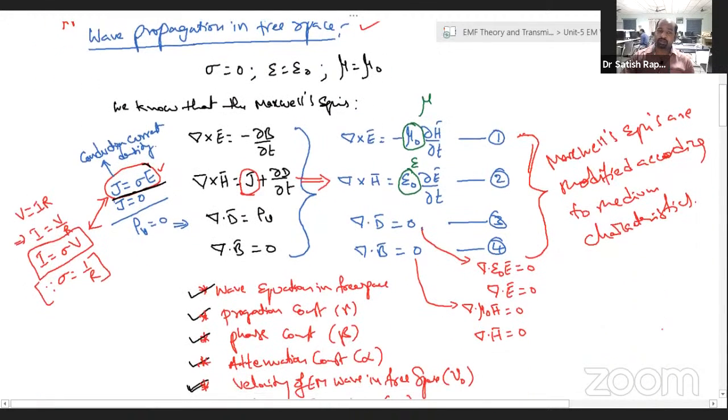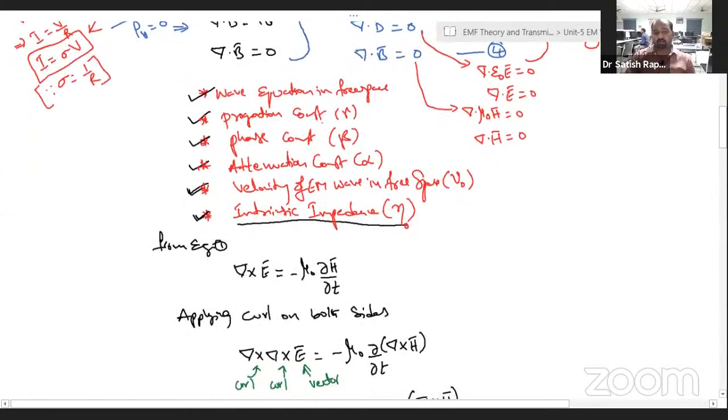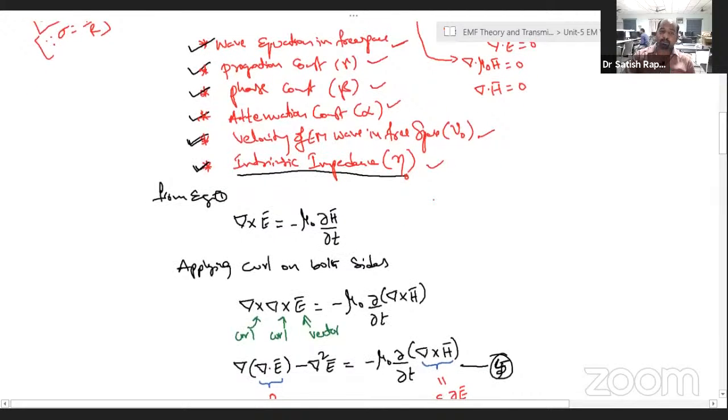Here sigma is equal to 0, epsilon is equal to epsilon naught, mu is equal to mu naught. In all types of media, I have discussed the wave equation, propagation constant, phase constant, attenuation constant, velocity, and intrinsic impedance. These are the 5 or 6 parameters which I have discussed in all types of media.